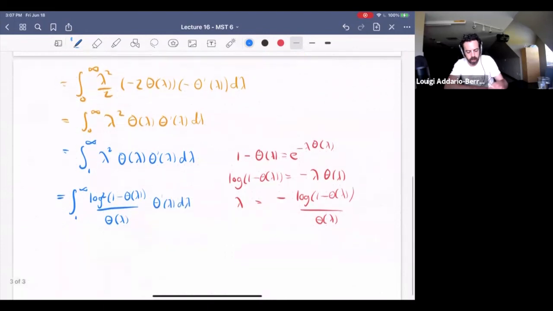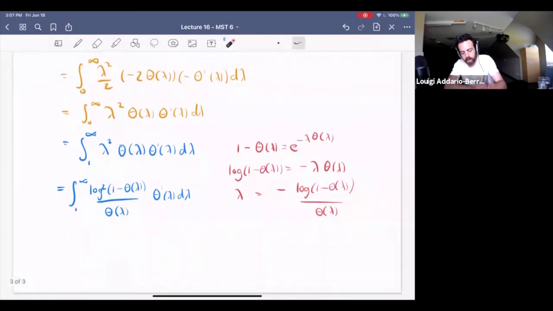Okay, and now there's a natural change of variables, noting we have theta prime lambda d lambda here. So let's view theta as the variable of integration rather than lambda, and that'll get rid of the implicit function for us, right? So as lambda goes from 1 to infinity, theta goes from 0 to 1, right?